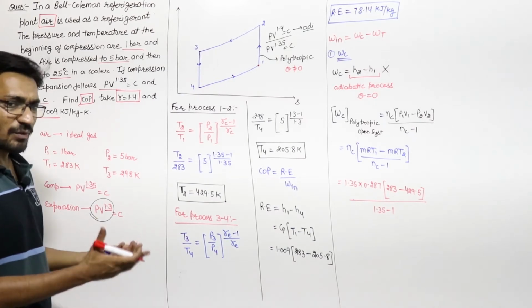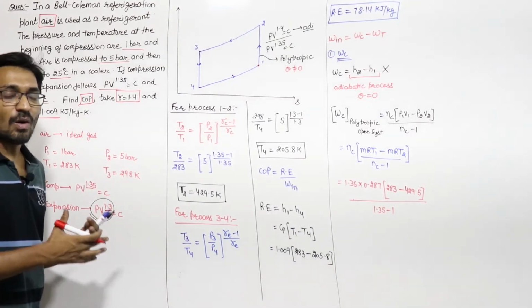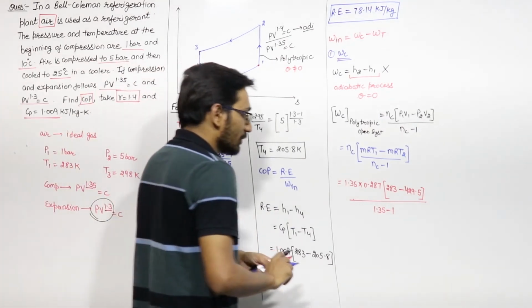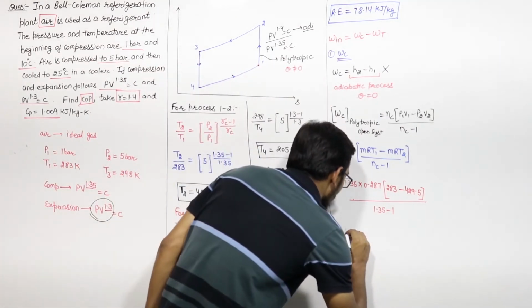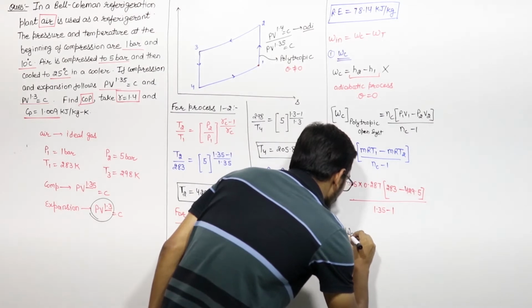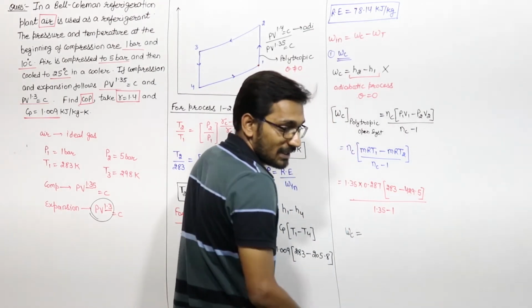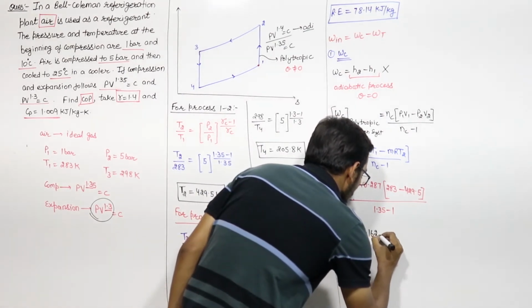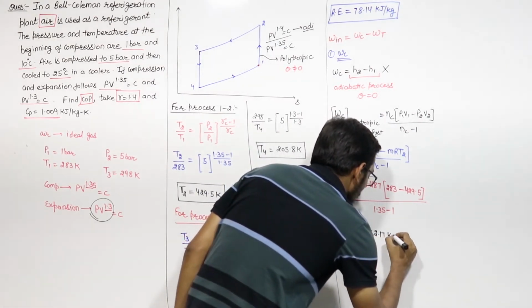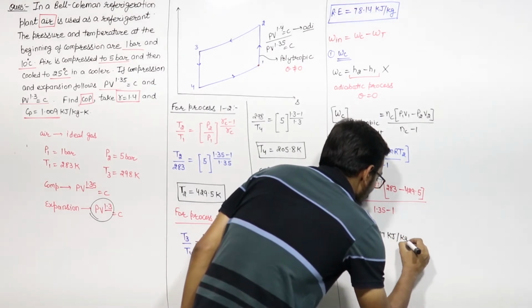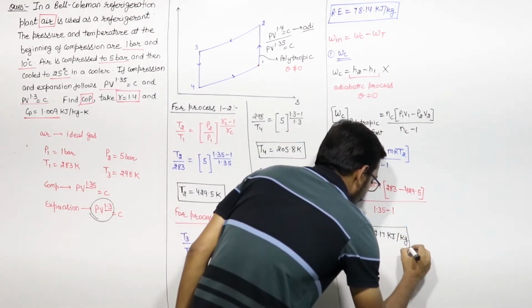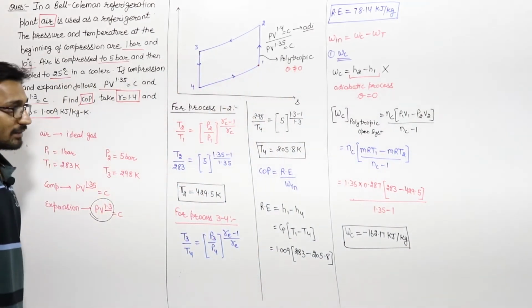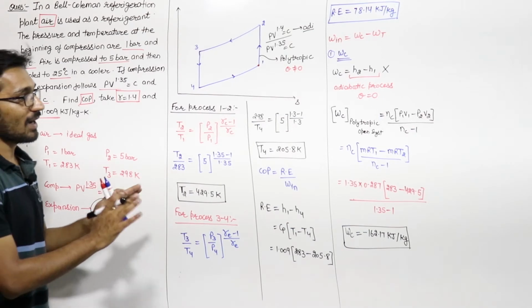So this is negative, obviously, because this is work done on the system, work done on the compressor. That's why it is coming out negative. So if you solve this, the work required by the compressor will be minus 162.17 kilojoule per kg. We are using per unit mass. Don't confuse with the things, right?